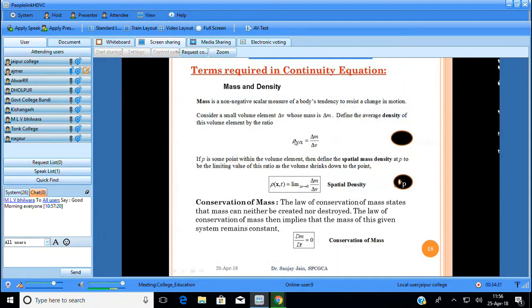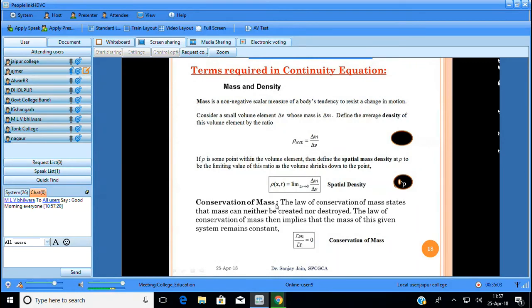Consider a small volumetric element del V whose mass is del m. Then by the definition of density, rho is nothing but del m by del V. Whenever we talk about a particular point P and define the density at that point, it is known as spatial density.